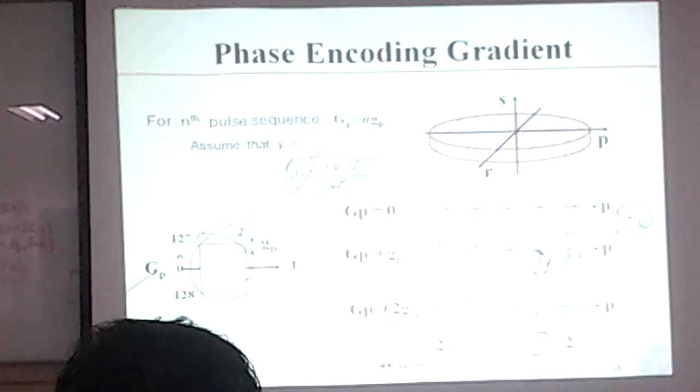So we get the signal using zero phase encoding, and we have to get the other signals using different phase encoding gradient strengths, and so on. So if we want to get n spatial information along the phase encoding direction, we have to apply n different phase encoding gradients.